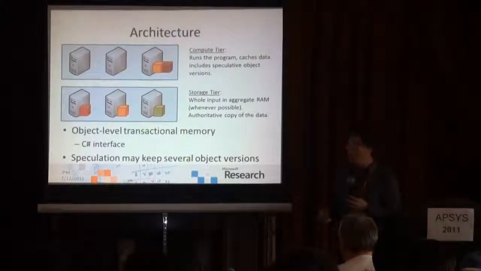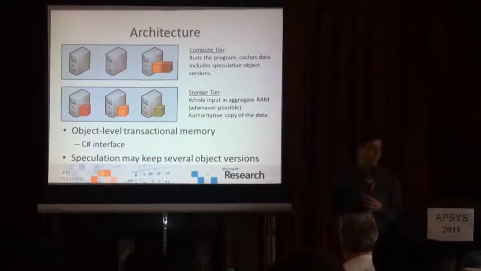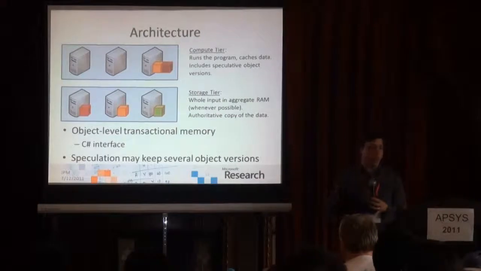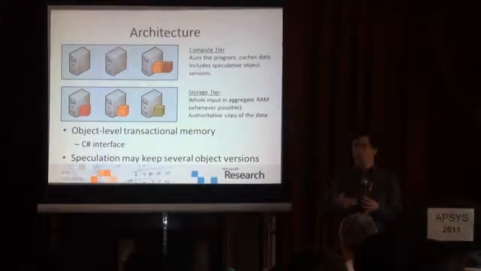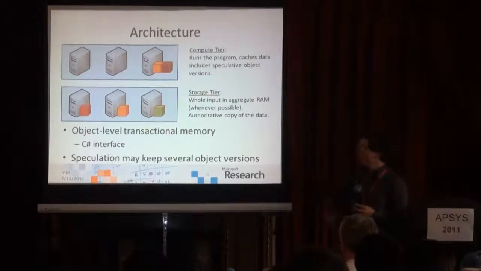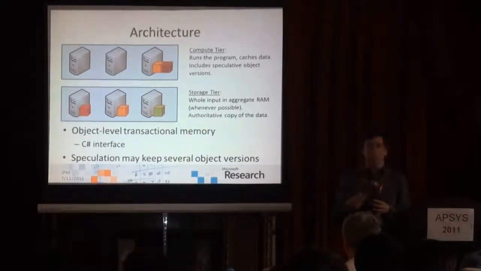So the way we build this, we have a traditional two-tier architecture. We have a bunch of processes that are in charge of running the computation, and these are going to keep cache data of the previous values they have seen in the system. And then we have a storage tier whose processes are responsible for keeping track of the authoritative copy of each data item.